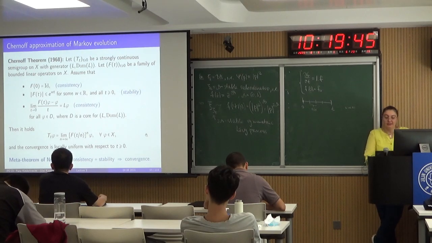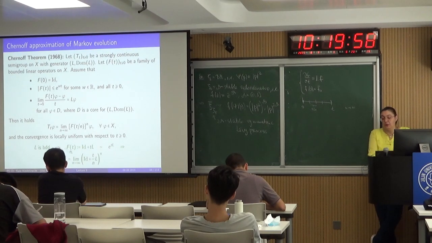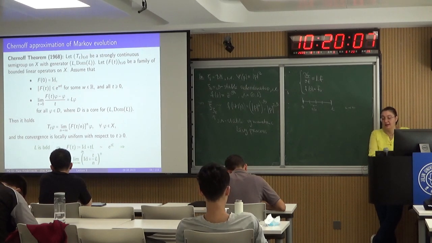Now let us look more carefully at the statement of the theorem. For example, if my L, the generator of my semigroup, is bounded, then I can consider the following family of operators: identity plus tL. Of course, this is not a semigroup. Of course, F of 0 is just identity.